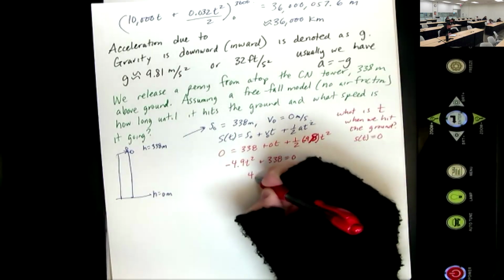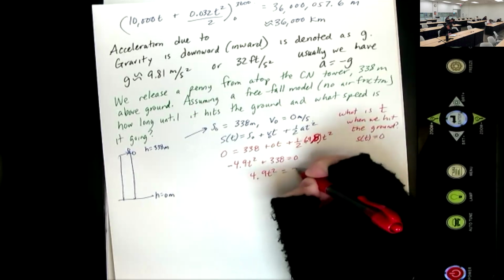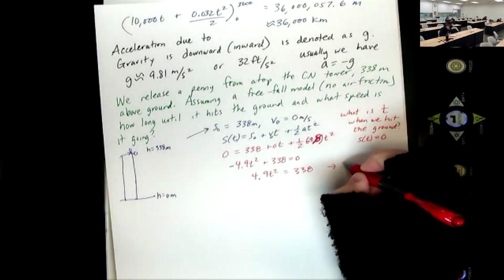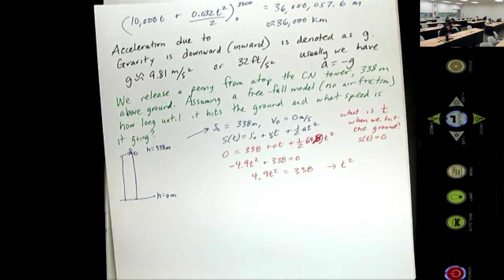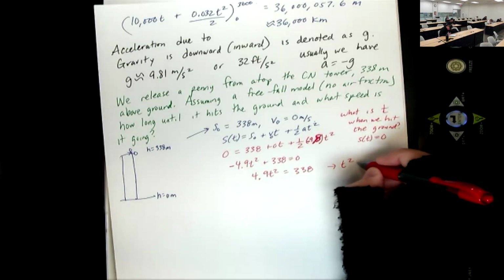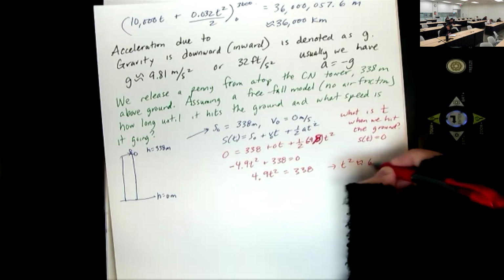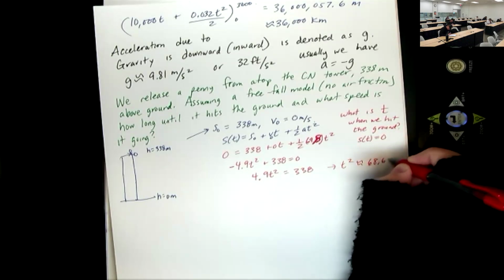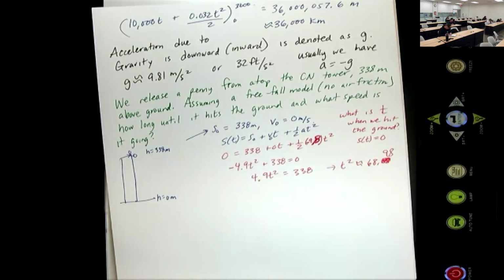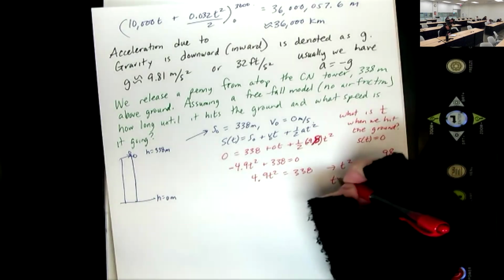If I move the 4.9 t squared to the other side, they are both positive. We divide by 4.9 and I'm getting 68.98. If I take the square root of that, t is approximately 8.3 seconds.